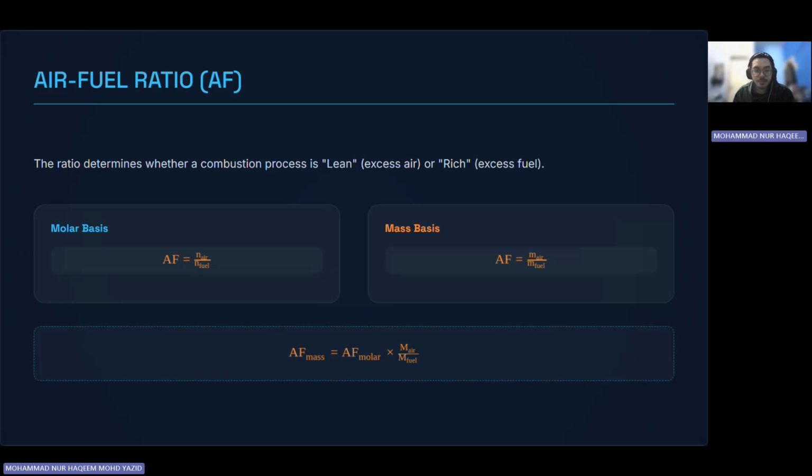From these formulas, AF on a mass basis is equal to AF on a molar basis times the M of air over the M of fuel.